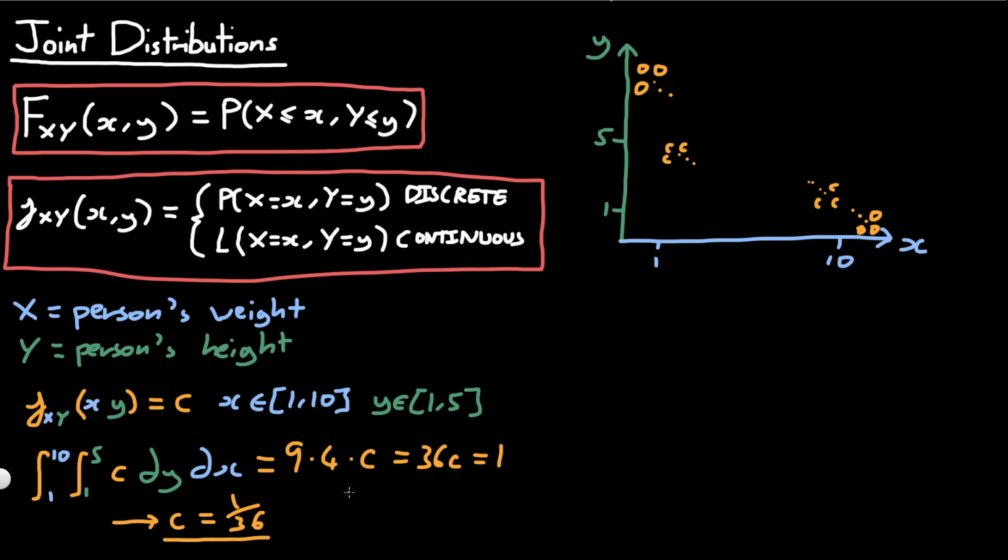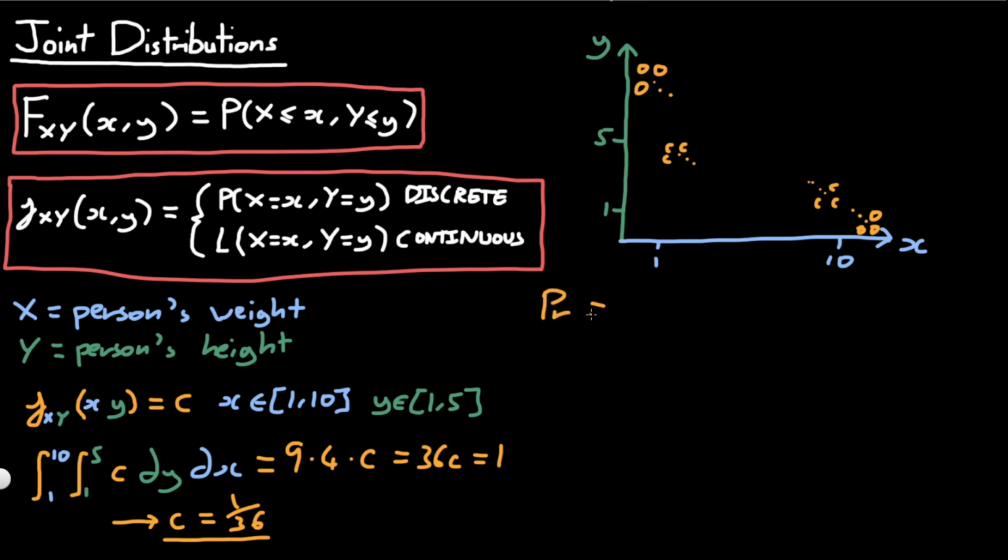Great. Now let's go a bit deeper. Let's say that we are going to sample a person and we want to check if their weight will be within a certain range and their height will be within a certain range. So let's define this statistic as PR. I'll put it here.